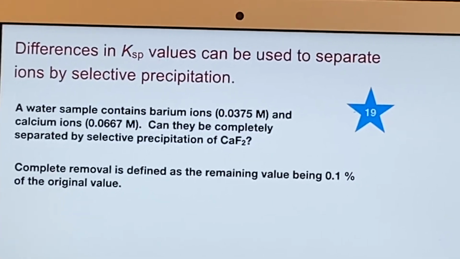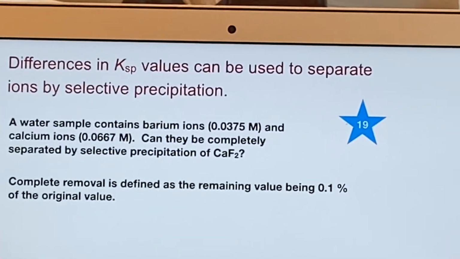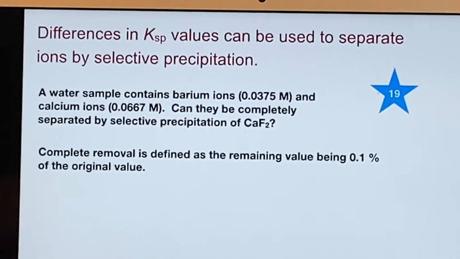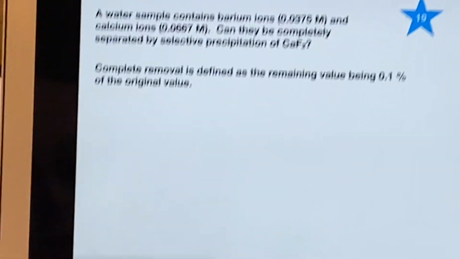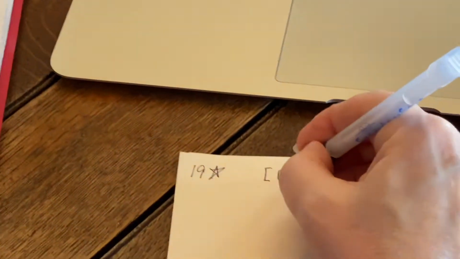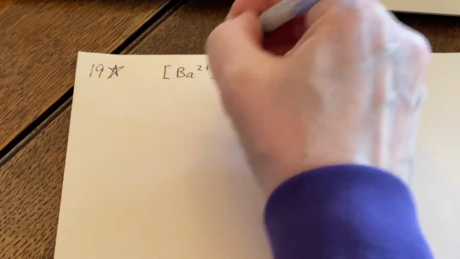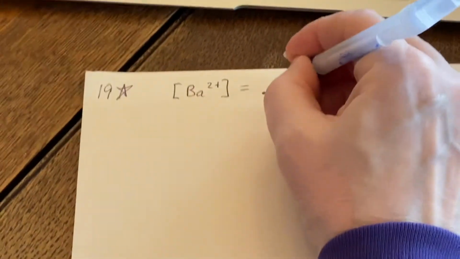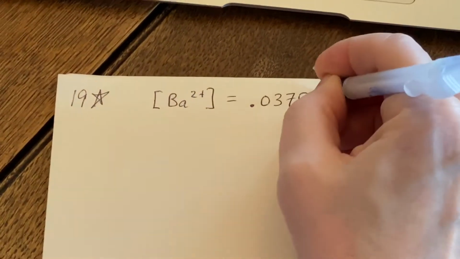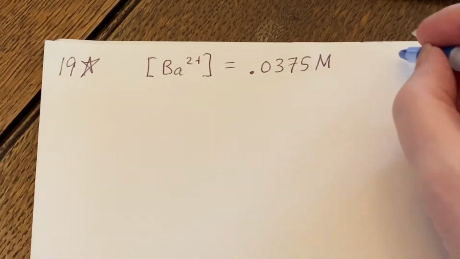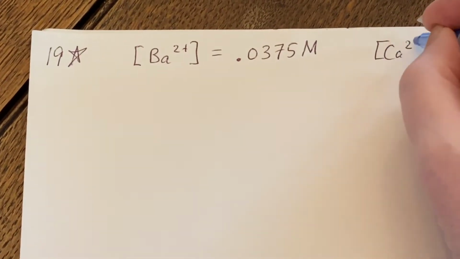So we shall start with number 19 then. We are told what the concentration of the barium is, and we are told what the concentration of the calcium is.